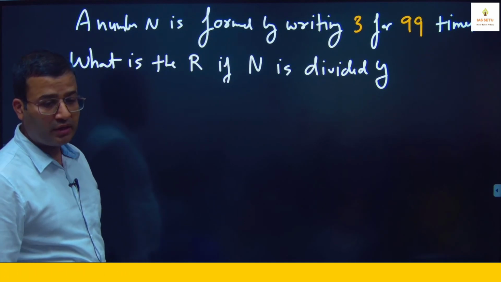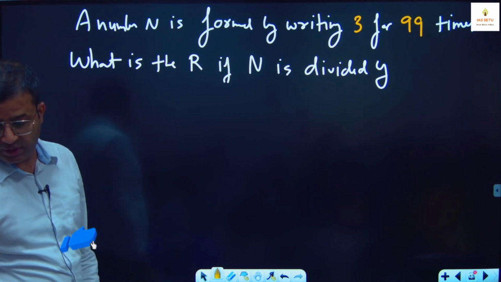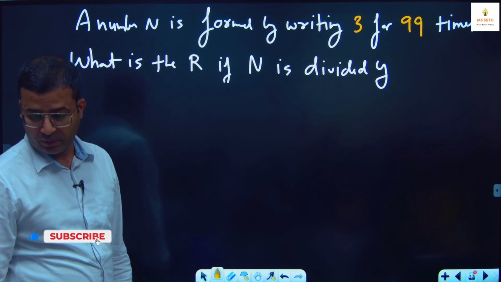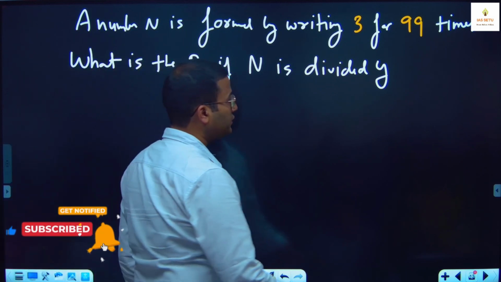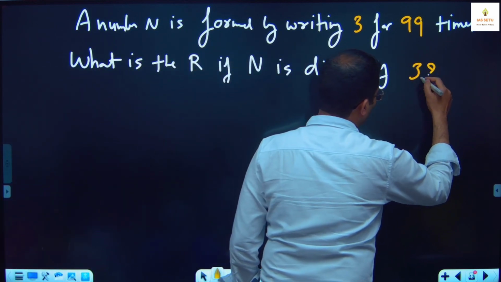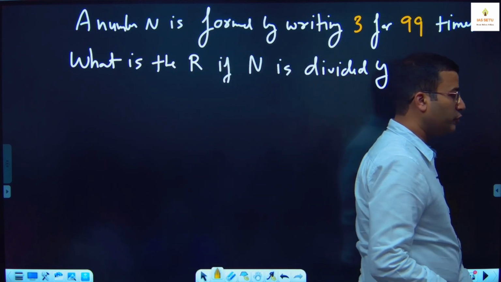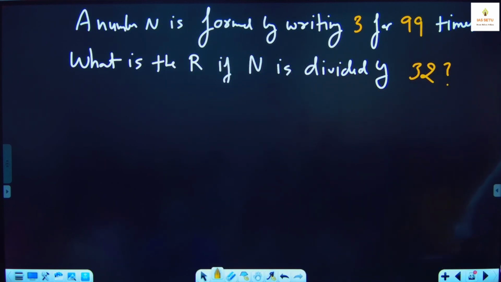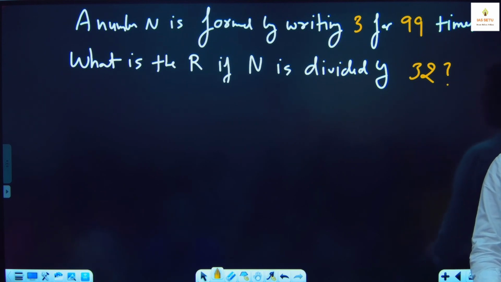What is the remainder if n is divided by 32? We have to divide that number by 32. Okay, take time, keep the answer with yourself.